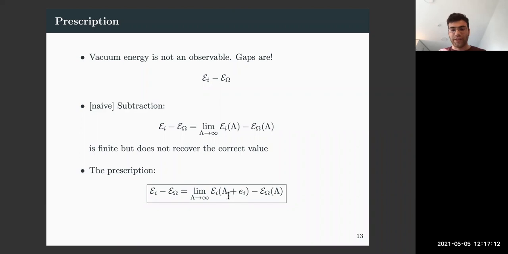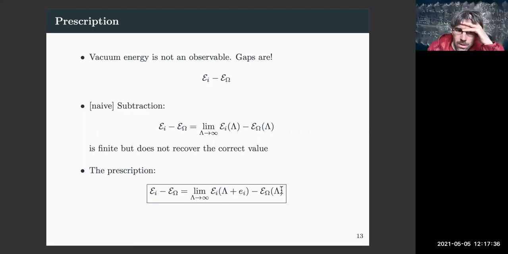So there's a shifted cutoff in this subtraction method. And as we take the UV cutoff lambda to infinity, we recover the correct values. I will show you later the examples, the trivial example where we know the solutions already, and we check this prescription, and also some new results.